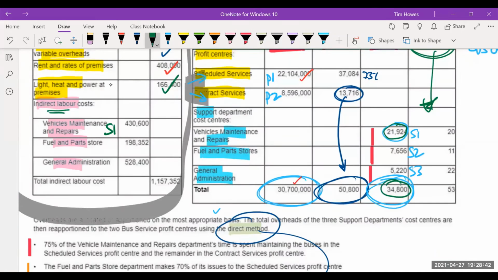This is S1, this is S2, this is S3. And the numbers of people are not really relevant, are they? On the basis that maintenance people probably get paid completely different to stores people, etc. And so we've actually got a piece of information that isn't necessary.